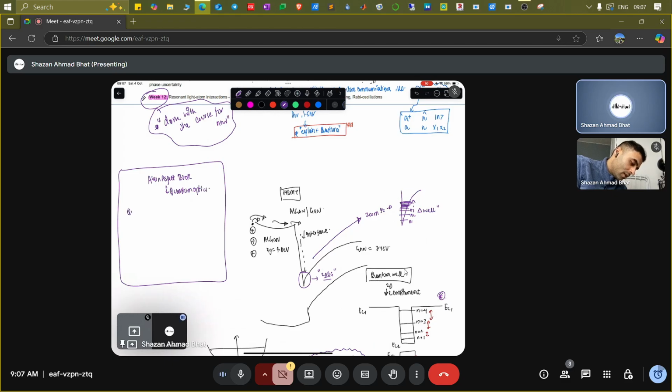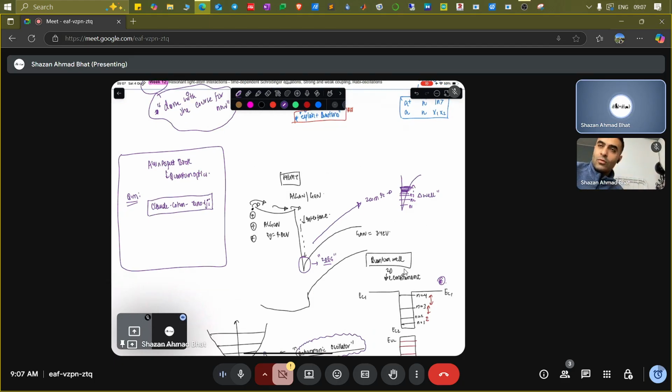If you want to understand quantum mechanics, then you can go to Cohen-Tannoudji. I don't know whether the spelling is correct, but this is Quantum Mechanics by Cohen-Tannoudji. It's a huge, I guess, two-volume book. And for quantum mechanics, you can go to Griffiths as well. This will give you a flavor of it.